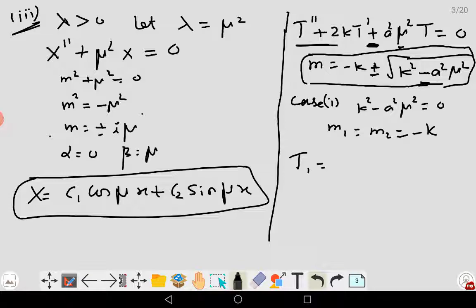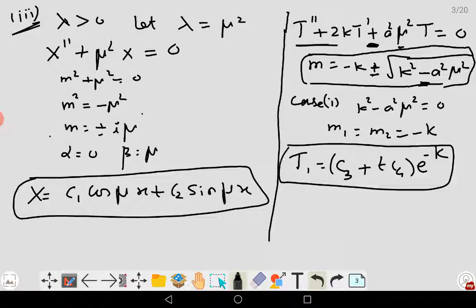Therefore the answer t will be c1 plus t c3 plus t c4 into e power minus k. This is the first case. And the second case here, case 2.